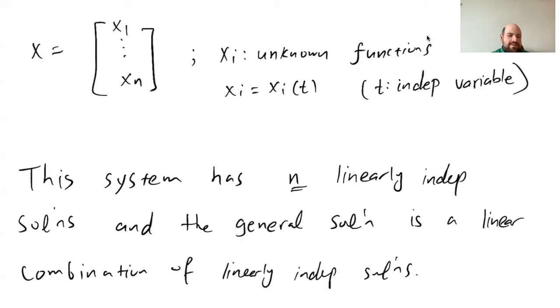So once you find linearly independent solutions, to find the general solution, you can simply consider a linear combination of those linearly independent solutions. Linear combination means what? Means an arbitrary constant times the first solution plus another arbitrary constant times the second solution, and so on.